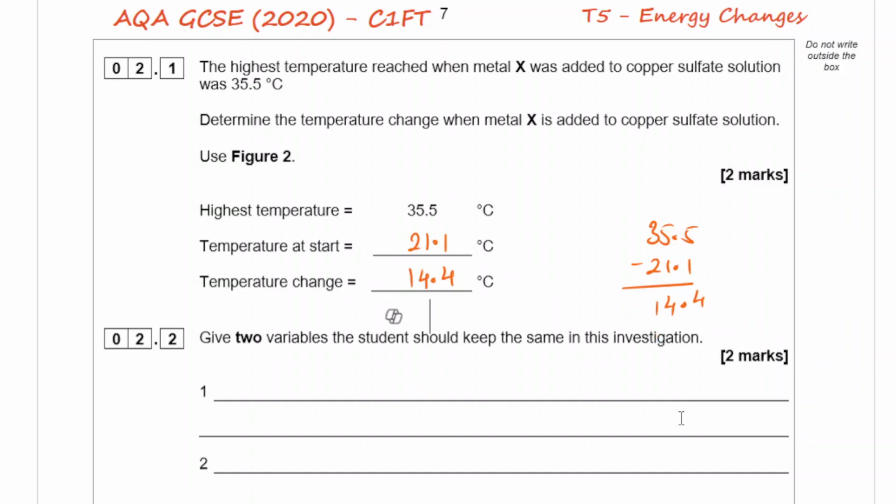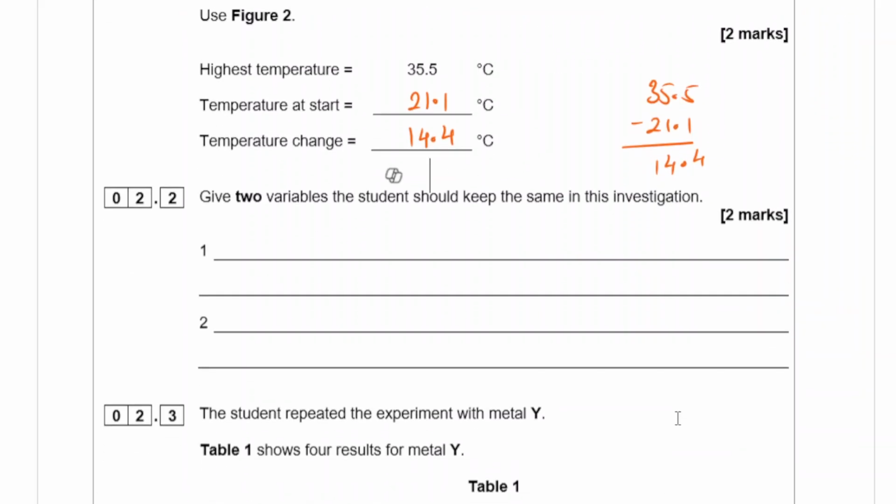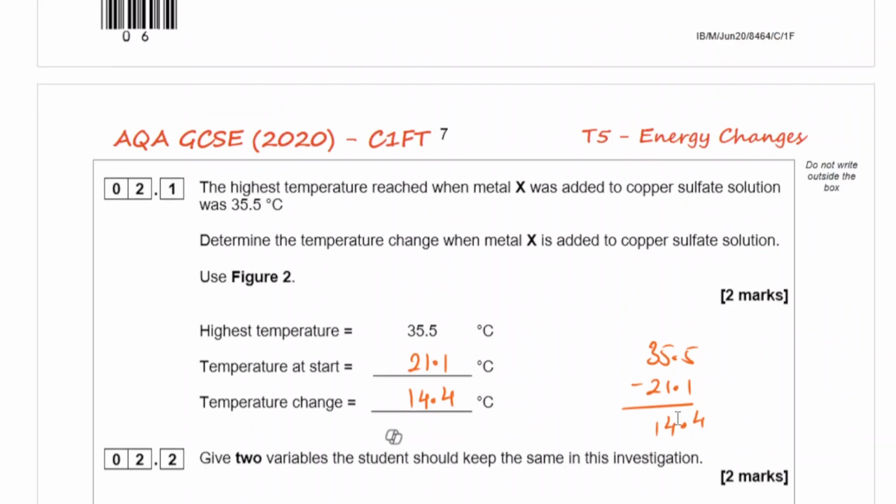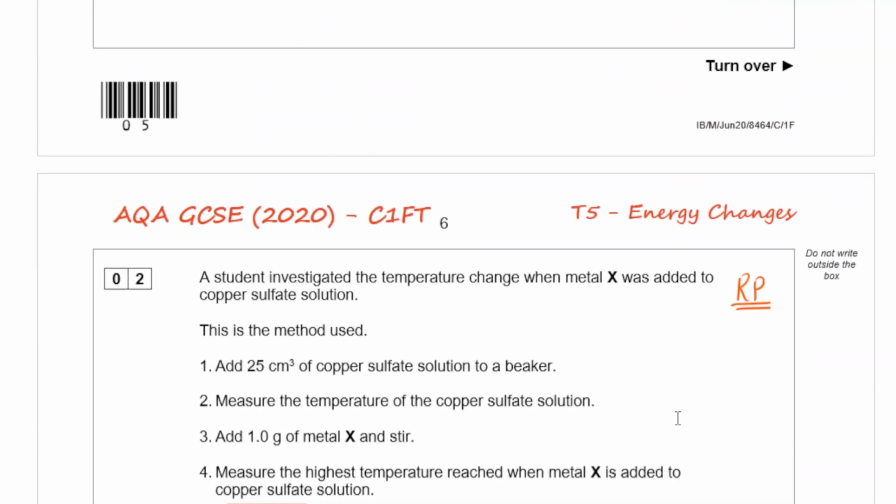Give two variables the student should keep the same in this investigation. So if I look at the setup again, the two things that they would want to keep the same is the volume of copper sulfate solution added, and also adding 1 gram of metal.